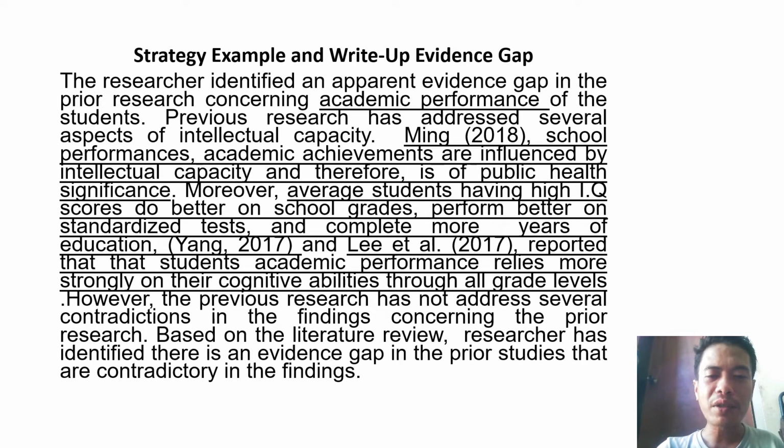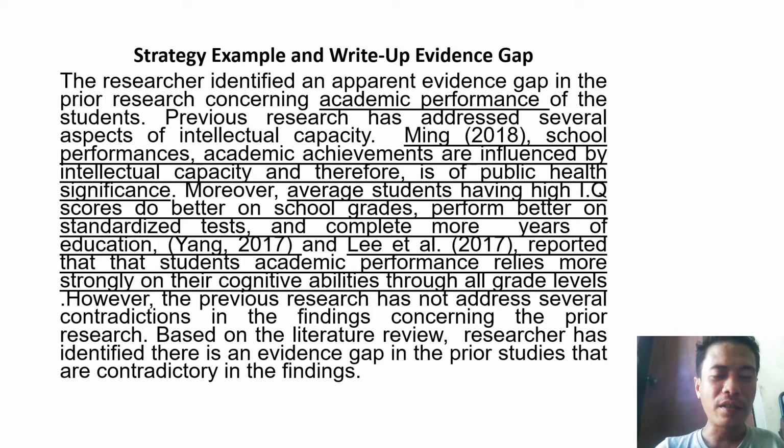Based on the literature review, the researcher has identified that there is an evidence gap in the prior studies that are contradictory in the findings. Meaning to say, class, if the findings of the prior research are not similar to the previous, then you can use that as your research gap.